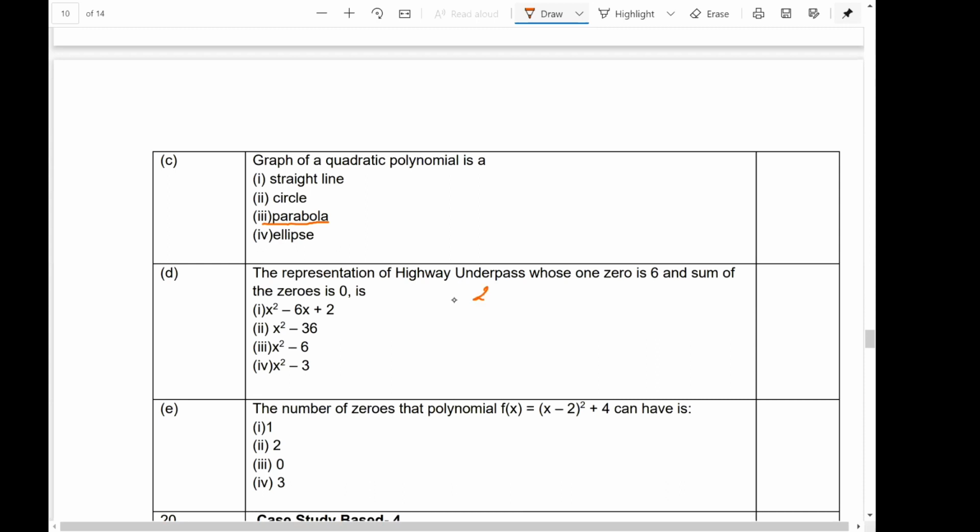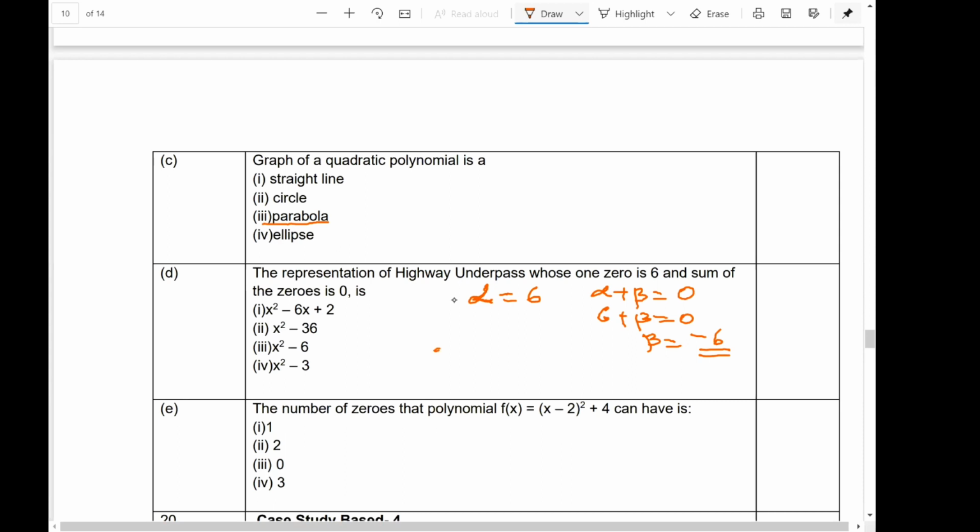Let's take alpha is equal to 6, and the sum of zeros is 0. Sum of zeros means alpha plus beta equals 0, that is 6 plus beta is 0, or beta is minus 6, that is the second zero.